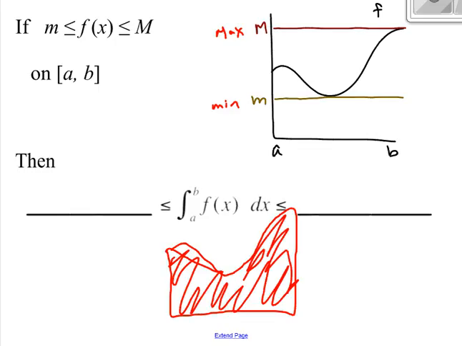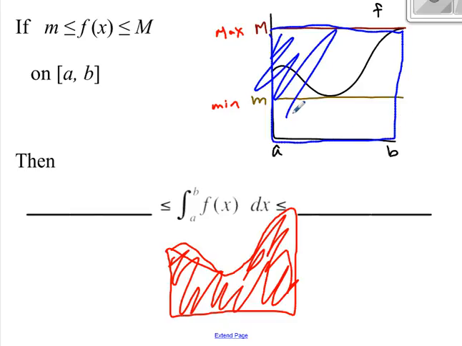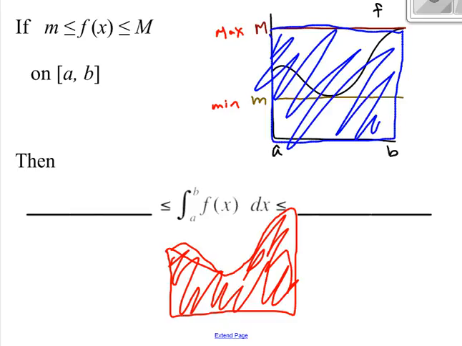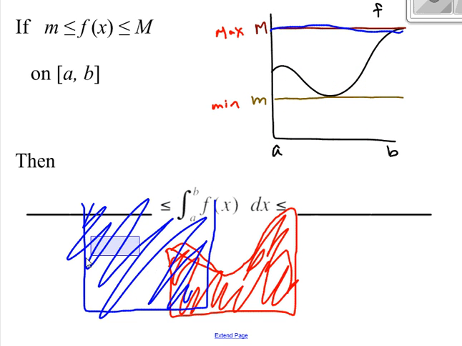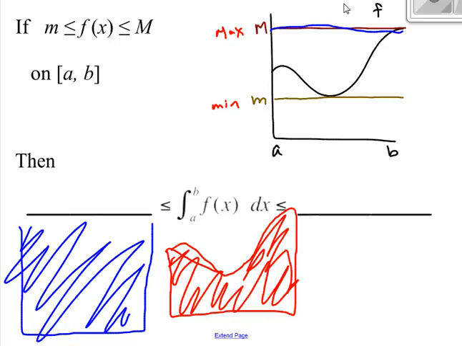Now what we also know is that it's less than if I took this entire blue box here. I know that that red region is less than that. Well, what is the area of that blue region?